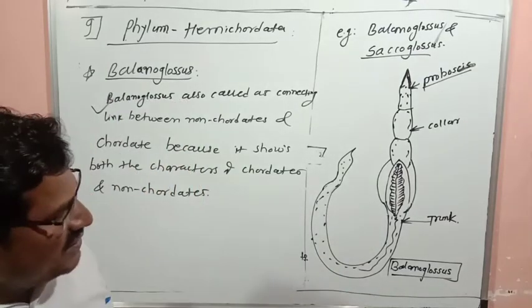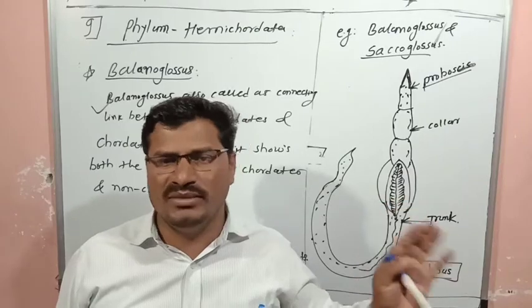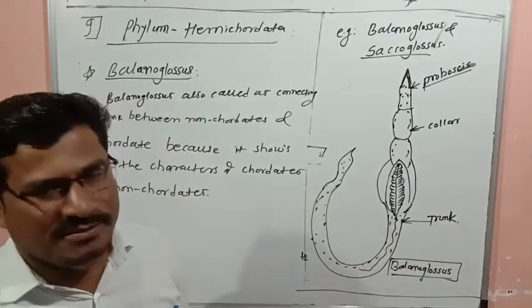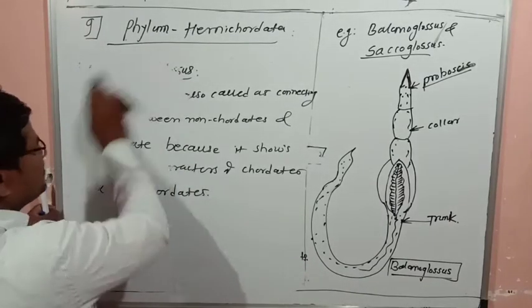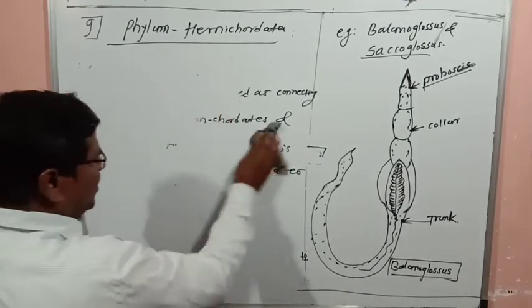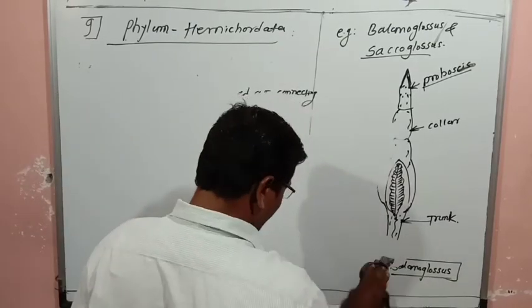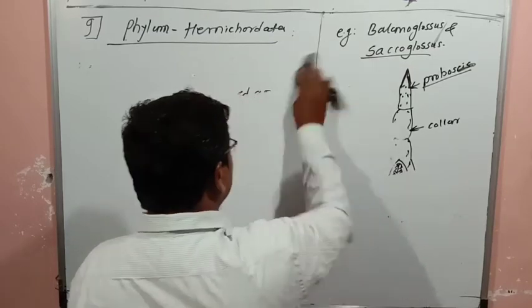And after this we are going to study the next phylum, the 10th phylum, Chordata. This 10th phylum is again divided into subphylums. Which subphylums are there?